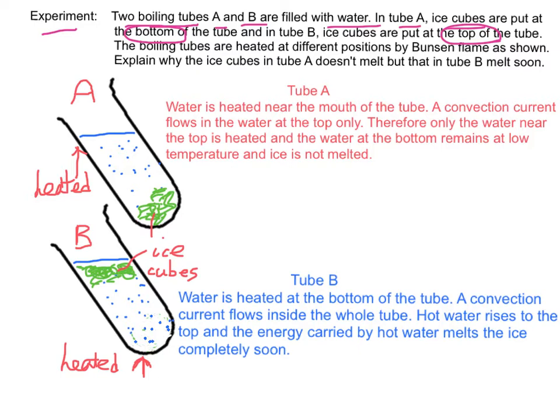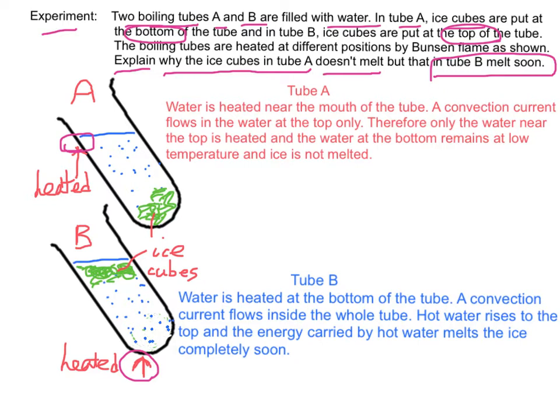In tube A, the tube is heated at the position near the top, and in tube B, the tube is heated at the bottom. Explain why the ice cube in tube A doesn't melt, but that in tube B will melt very soon.